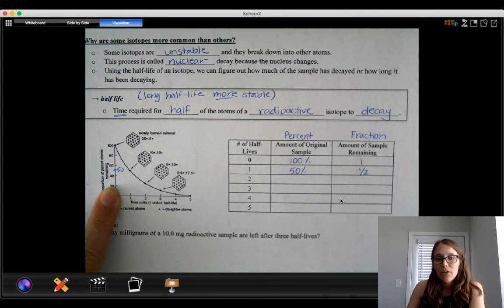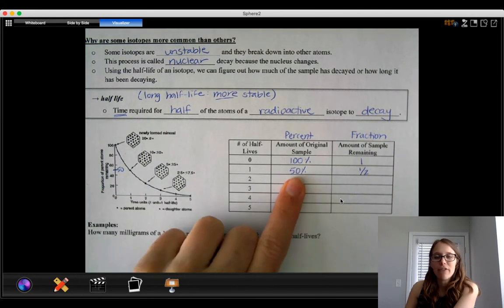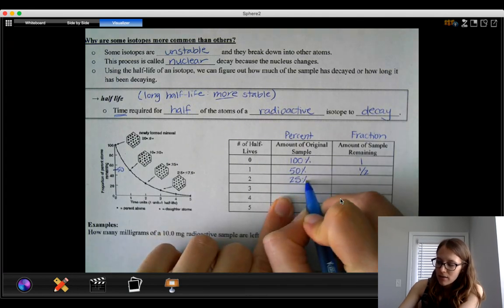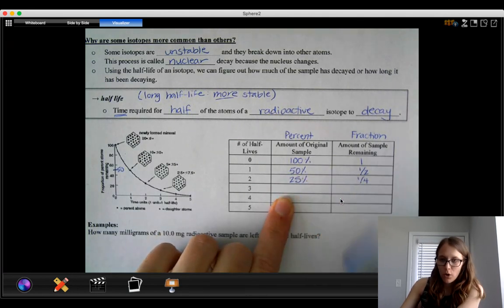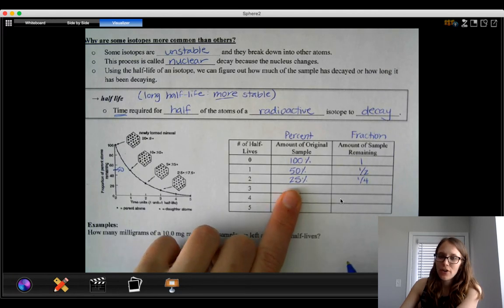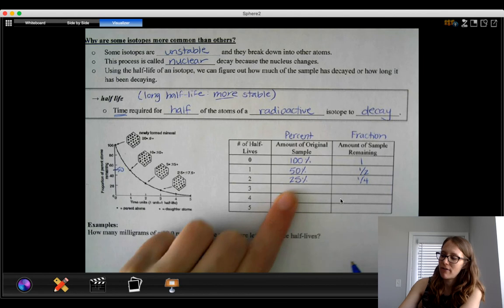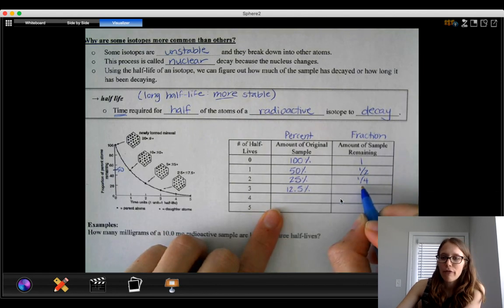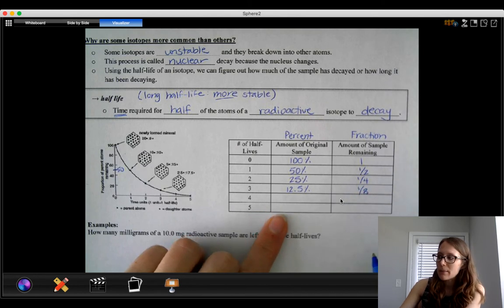If we wait another half-life, half of this is what's left. So half of 50 is 25%, which is 1/4 of our sample is still radioactive. If we wait another half-life, half of 25 is 12.5. And 1/4, half of 1/4 is 1/8. And we could keep going, right?